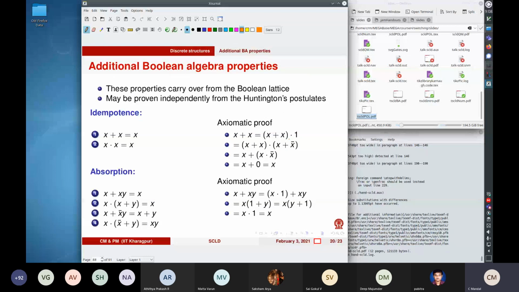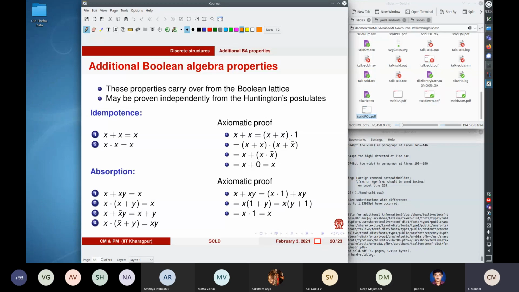Now, you have other properties which may be proven using Huntington's postulates. So here is a proof of these properties. Idempotence, x or x.